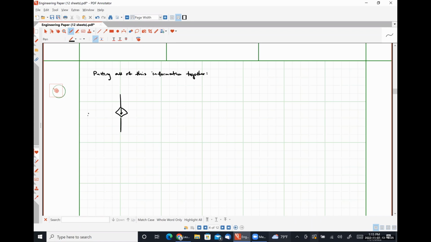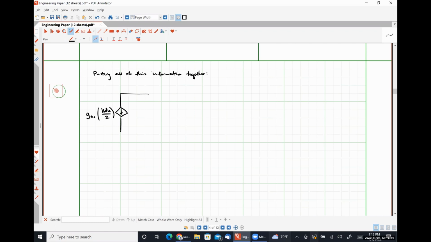So here is GM1 multiplied by input differential mode voltage over 2. So effectively, we know that VGS1 is VIDM over 2.